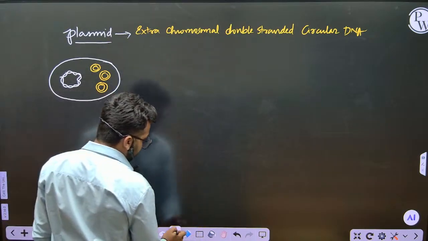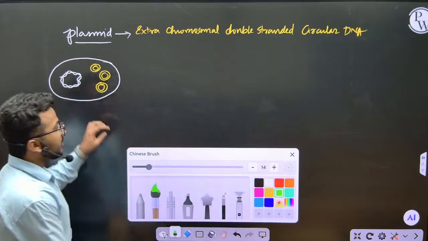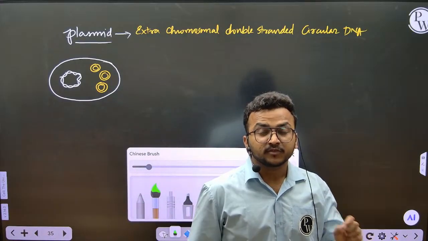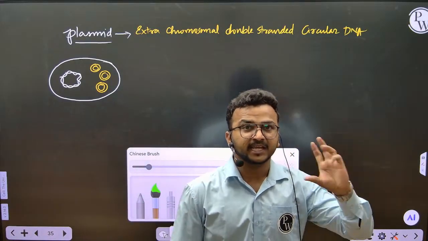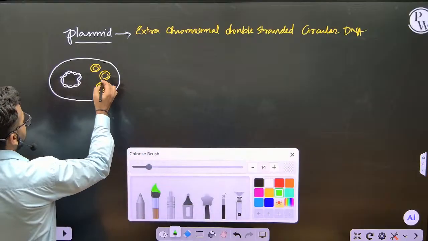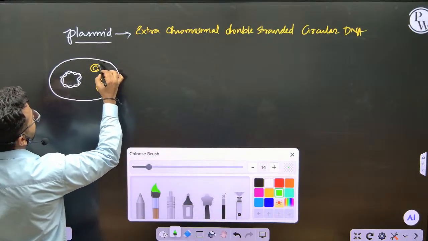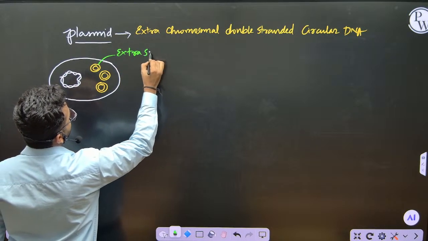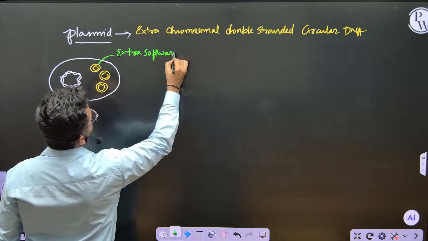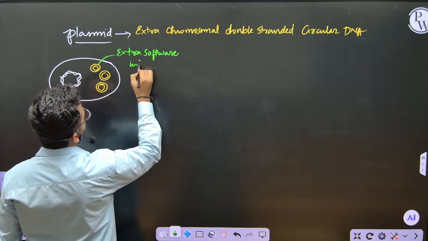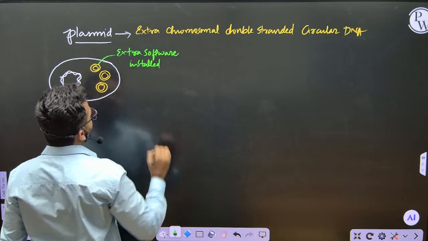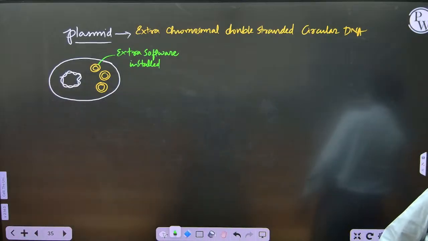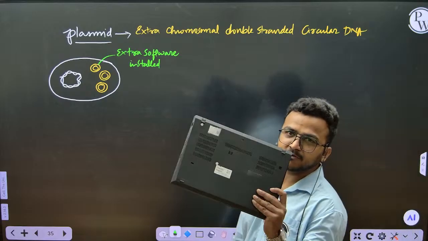Coming to the functions of this, where do we see it? In bacteria, we will be seeing plasmids. You can take an analogy: plasmids are like extra software installed. In a laptop there will be some system apps.